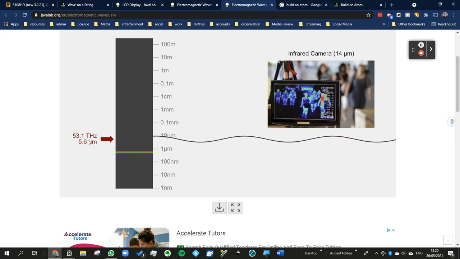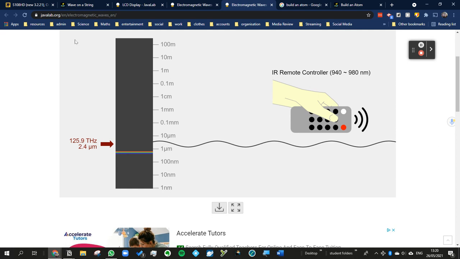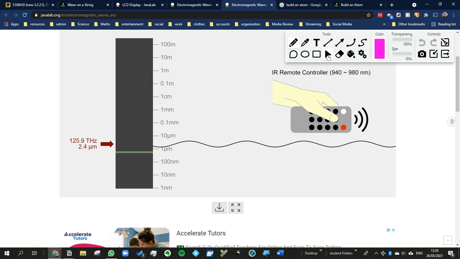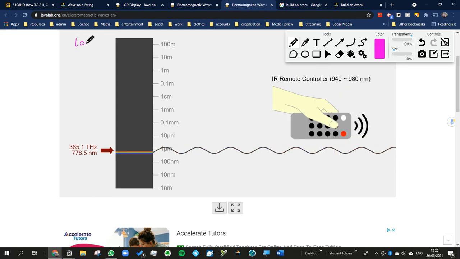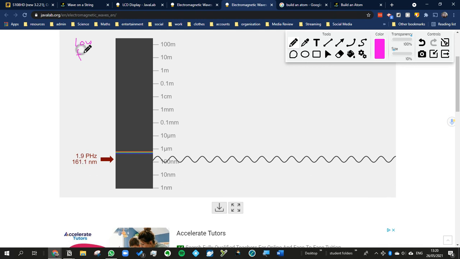Over here we can see the frequency is changing too. The frequency is inversely proportional to the wavelength. So in other words, at the top here we have a high wavelength, and we would also have a low frequency.